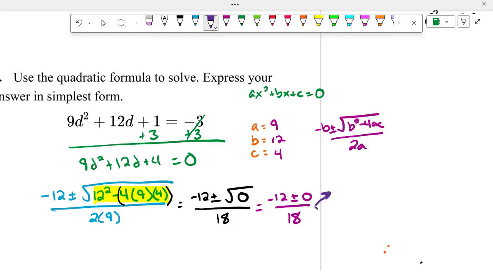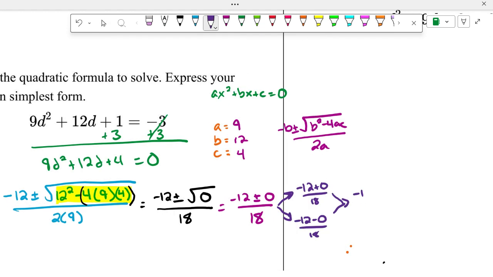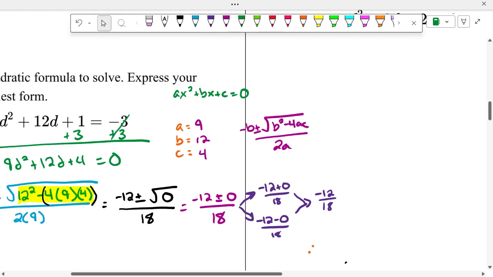So if we break this apart, this would be negative 12 plus 0 over 18, negative 12 minus 0 over 18, which both of them, if you add or subtract 0, you still get the same thing. So this would just be negative 12 over 18. So we're just going to have one answer here instead of two. Now, what's negative 12 over 18? What does that simplify down to?